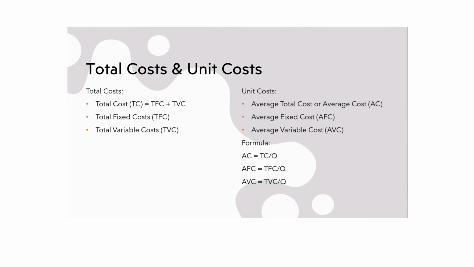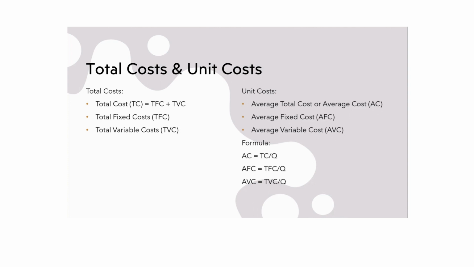We need the output level, so that the Q will be used to divide TC, TFC, and TVC to get the unit costs.